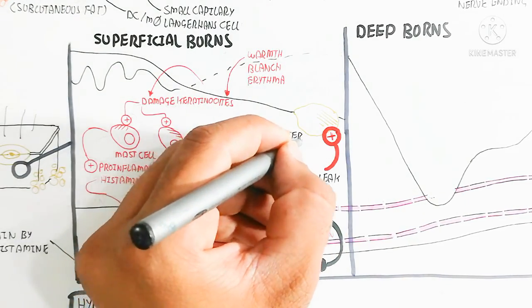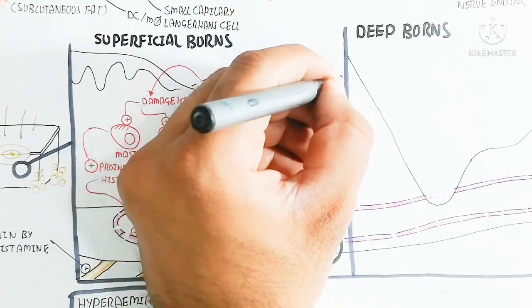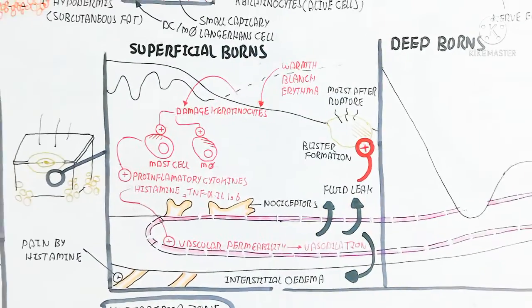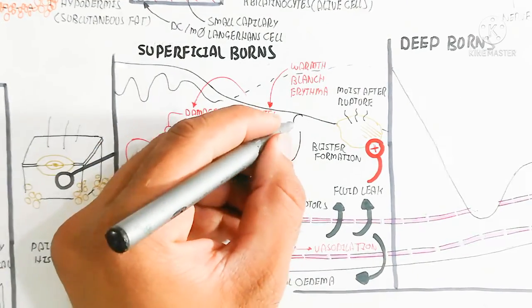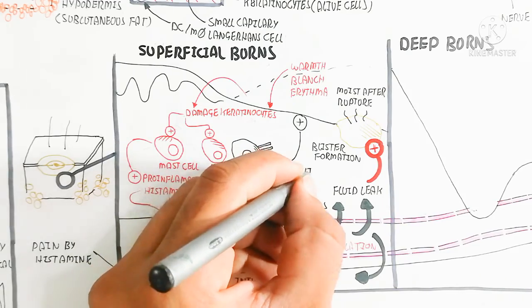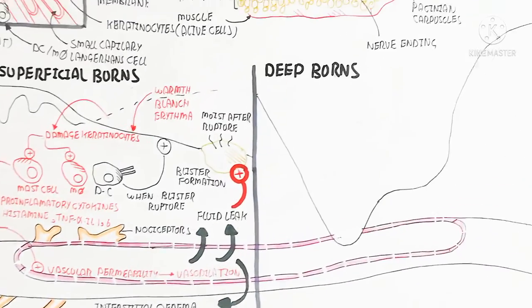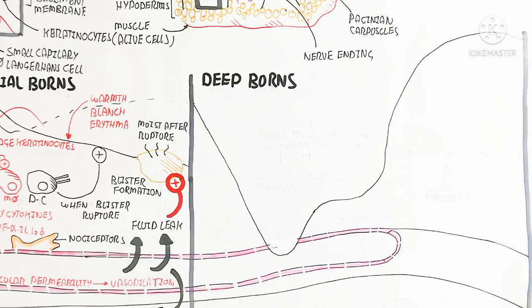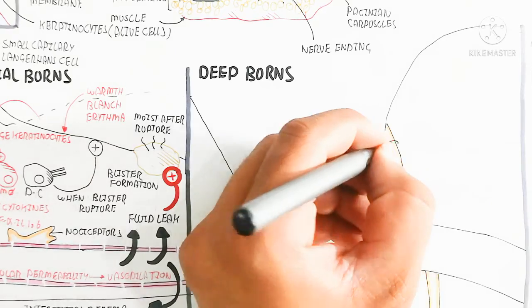After the fluid leak, blister formation will occur. This blister is moist after rupture, and after rupturing, the activation of dendritic cells for combating pathogens will increase. So this is the superficial burn.